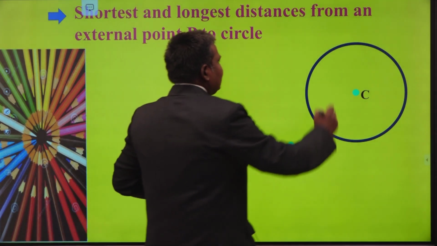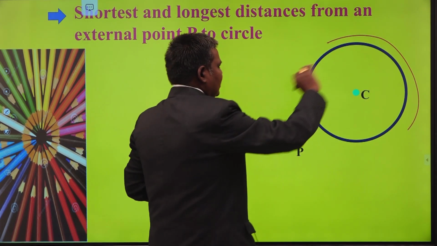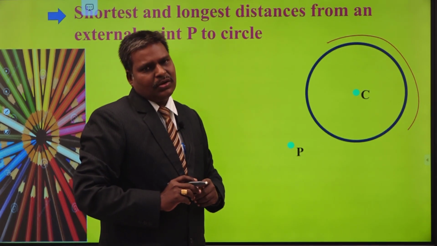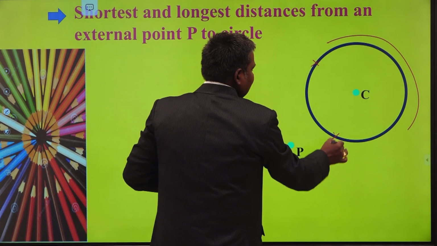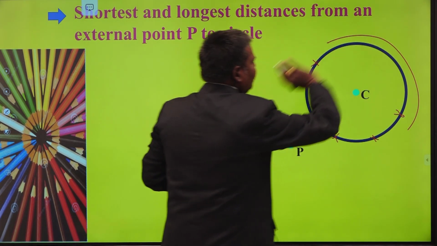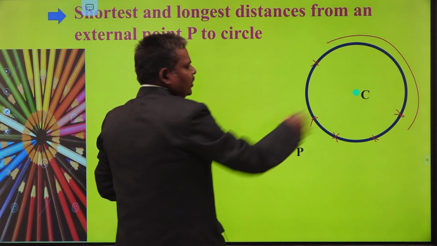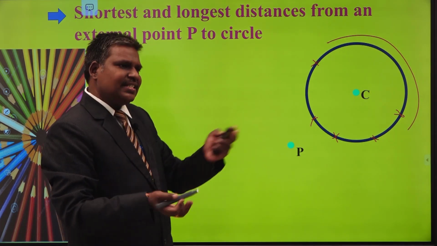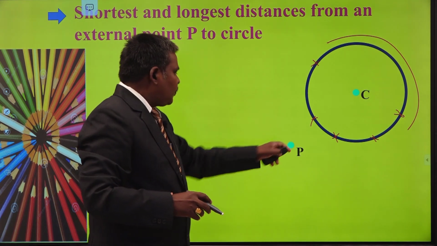You have to find the points on the circumference of the circle which one is nearer to this P. So many points are there, here, here, here, infinite number of points. Join each and every point to this point. You get so many distances. You have to identify which one is the smallest distance. That corresponding point is the nearest point on the circle to the point.